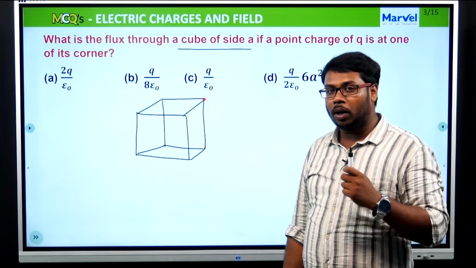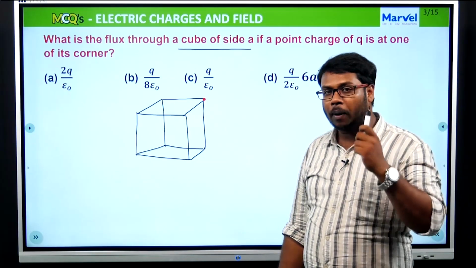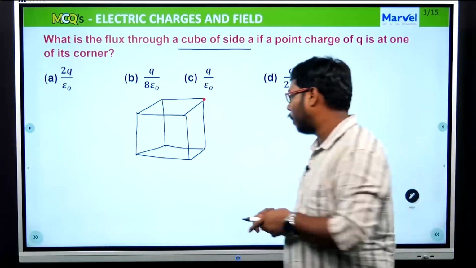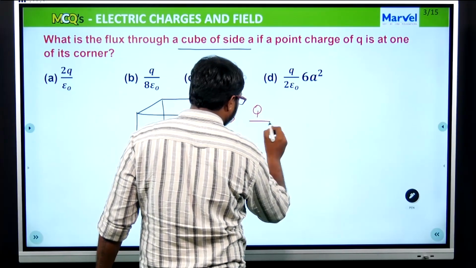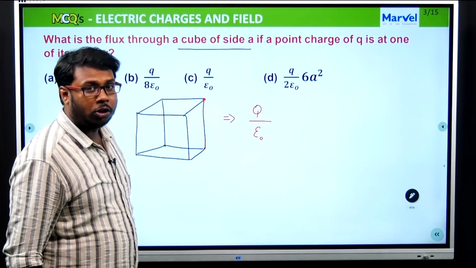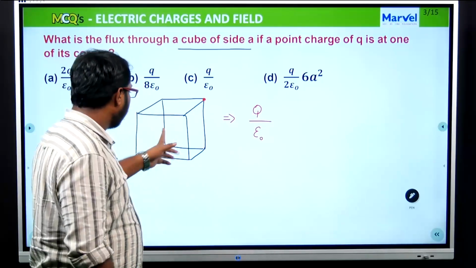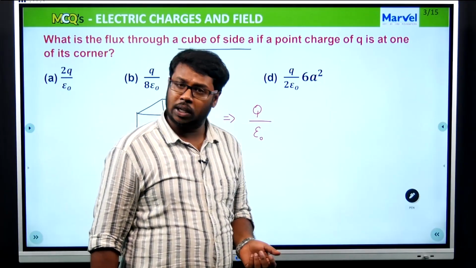Once this charge is completely enclosed by the cubes, the flux that is going to come out of the entire setup is nothing but Q by epsilon naught according to Gauss law. But unfortunately, out of 8 cubes, only 1 is real and all the other 7 cubes are imaginary ones.